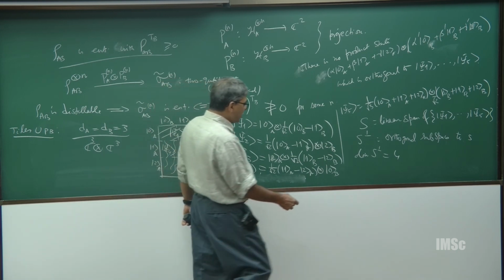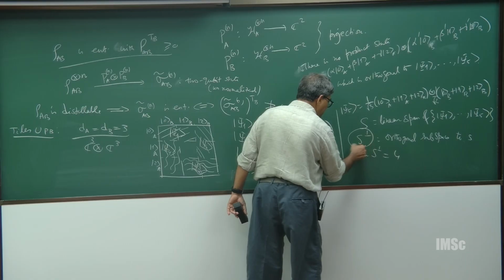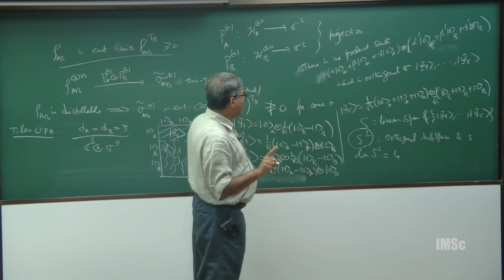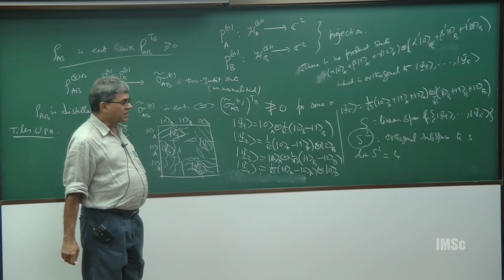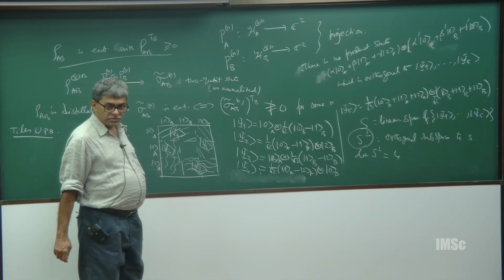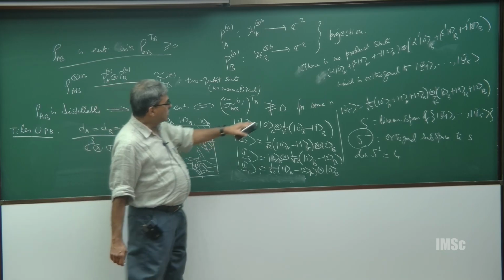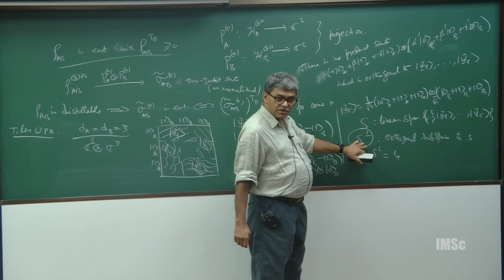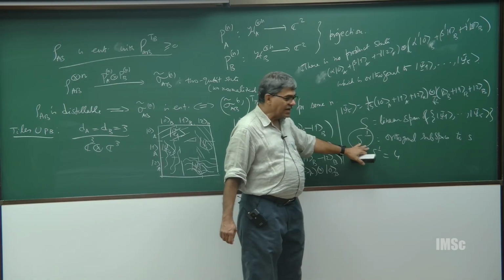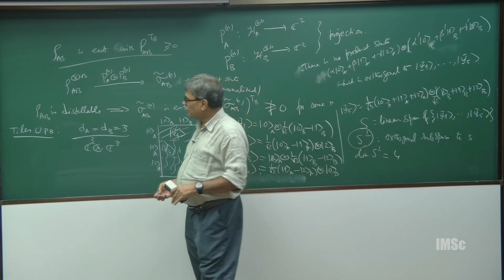So, in this 4 dimensional subspace, there is not a single product state. Is that correct? Because there is no product state which is orthogonal to S. So, therefore, in this 4 dimensional subspace, there is not a single product state, right.